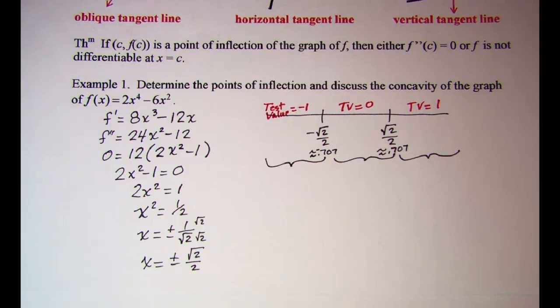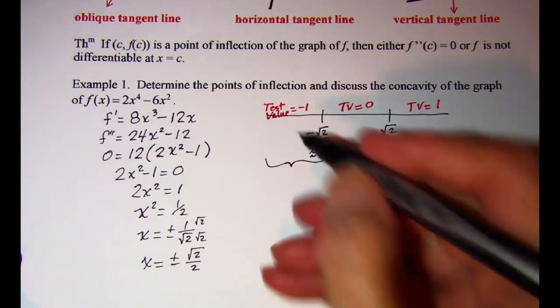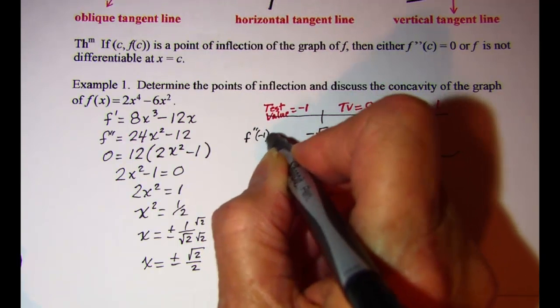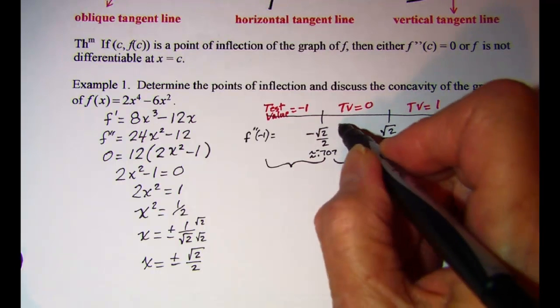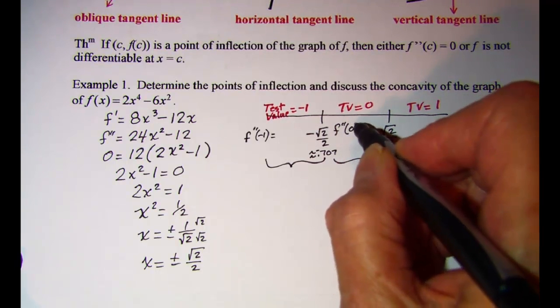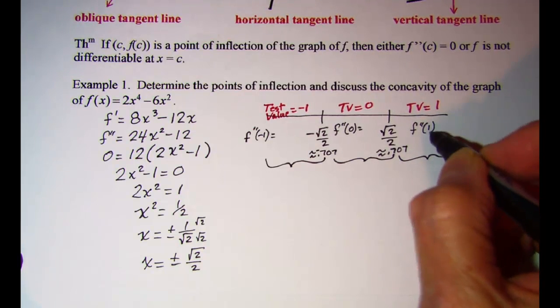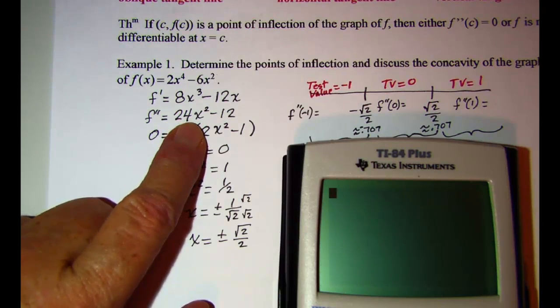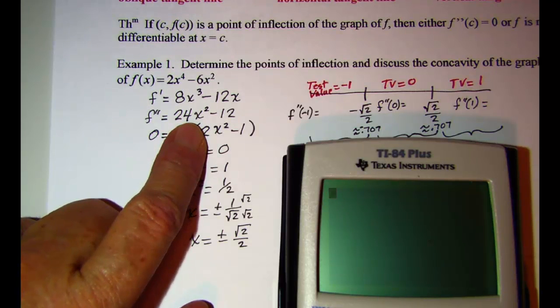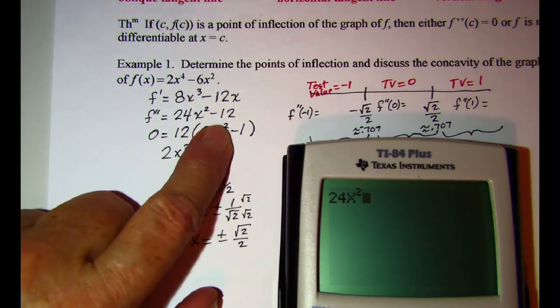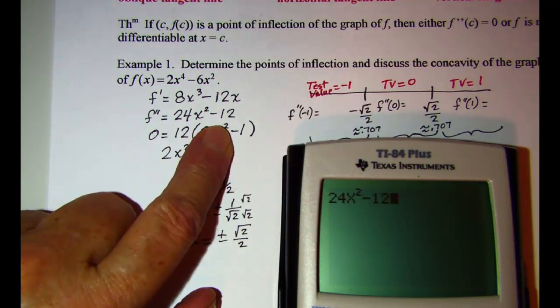So we want to evaluate our second derivative to check for concavity. Our second derivative at -1, second derivative at 0, and our second derivative at 1. We have 24x squared minus 12.